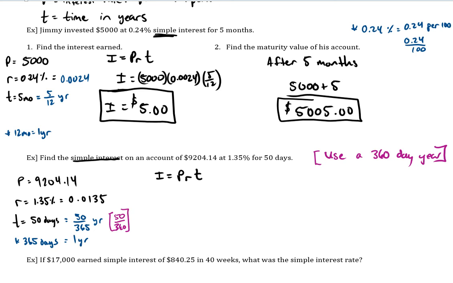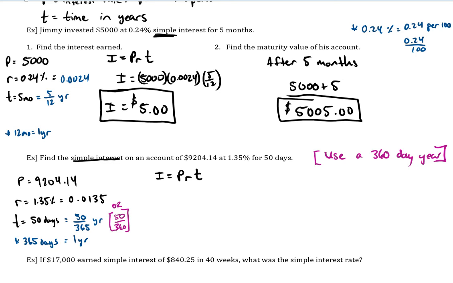Okay, so you use a 360-day year. That's what this one would become. But usually they state that and let you know that they want you to round. They're just making it an easier number to round with. 365 is a little weird, but still that's the normal amount of days in a normal year.